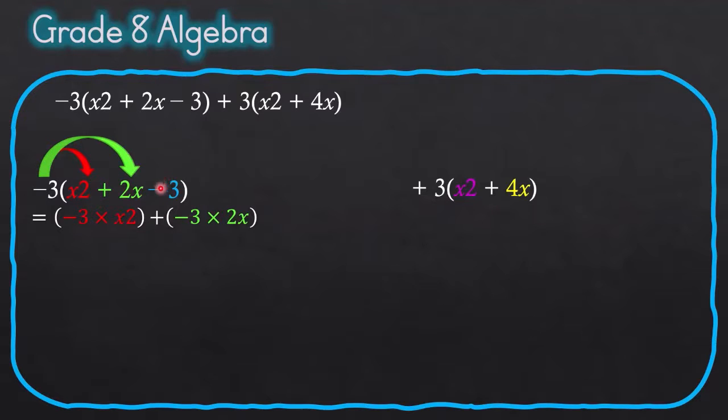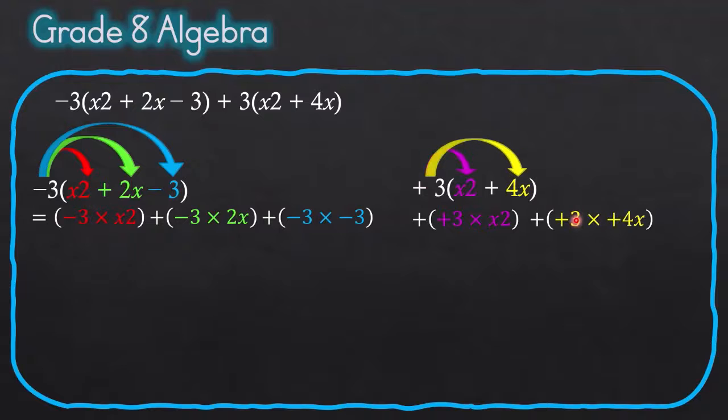Even though it's a negative number, it's being added together, so it's in one trolley. So we still have to add our blue term, which is negative 3 times negative 3. Now let's look at the right hand side. Here I've got positive 3 times x squared, and positive 3 times 4x. That is all our terms that we are going to add together.